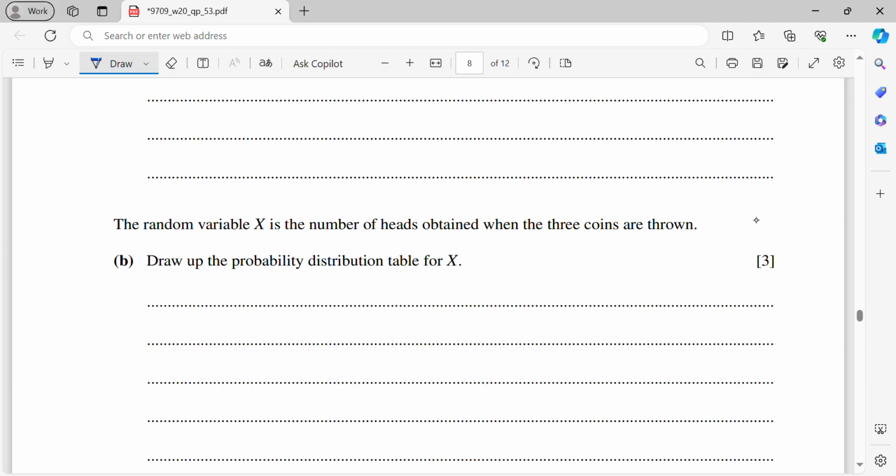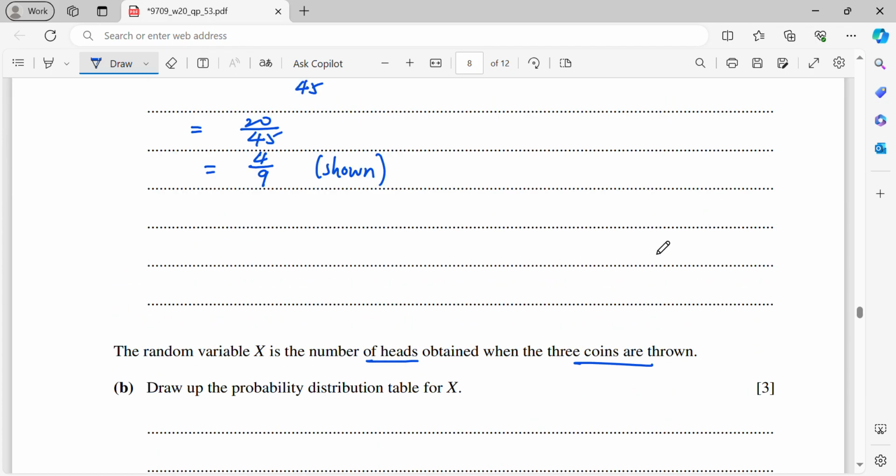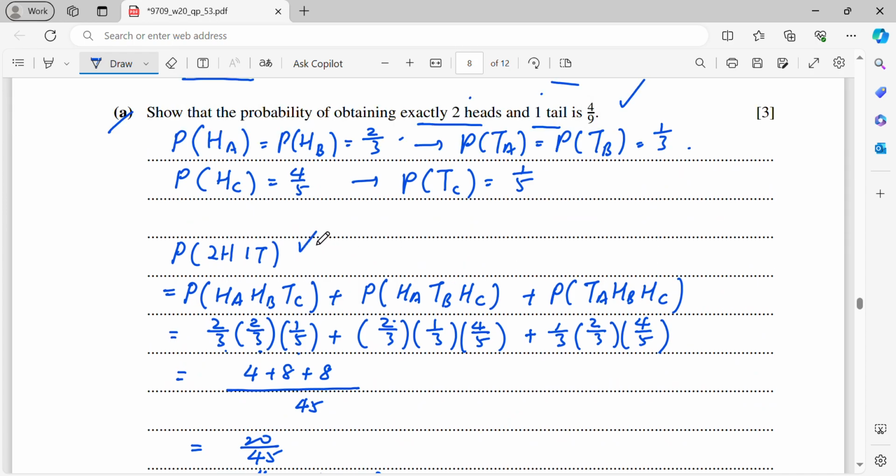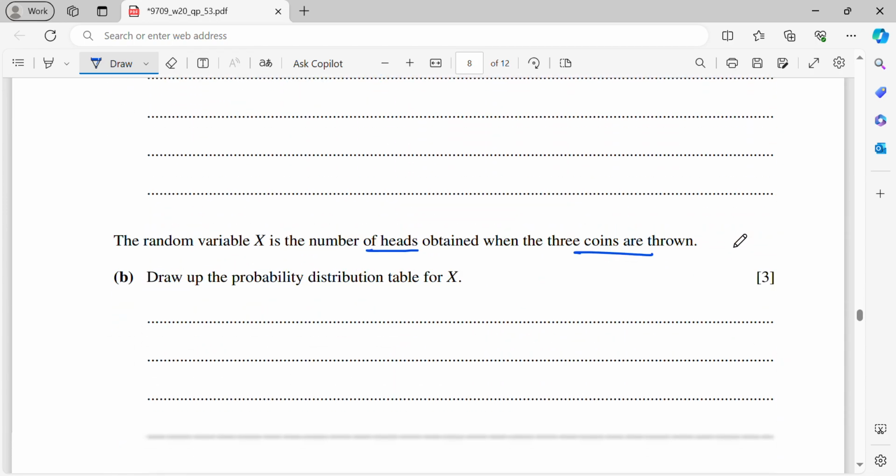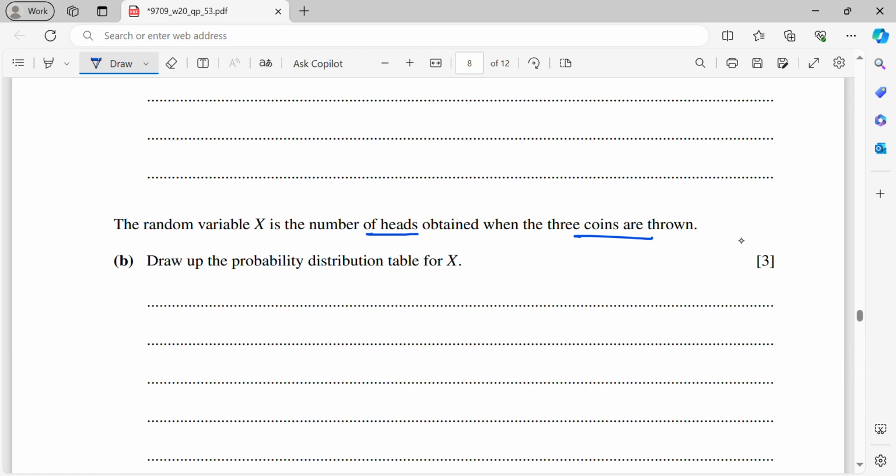Now, the random variable X is the number of heads obtained when 3 coins are thrown. Draw up the probability distribution table for X. It means that now you are throwing 3 coins, so it can be no head, 1 head, 2, and 3. Since we have counted just now 2 heads, 1 tail, now I can find no heads.